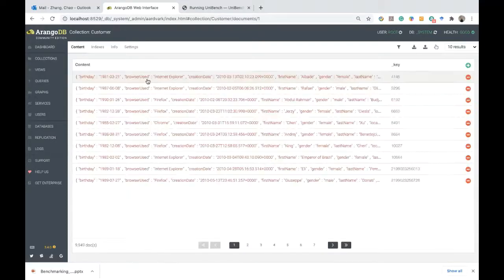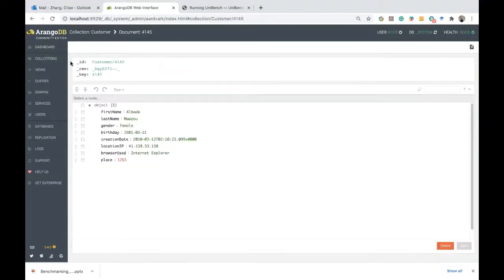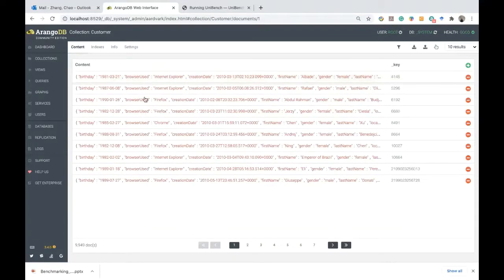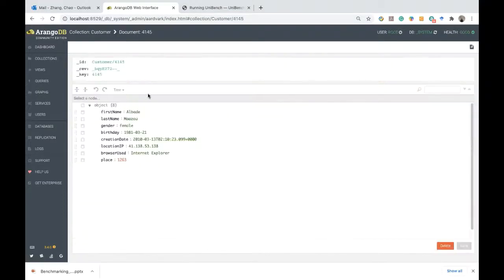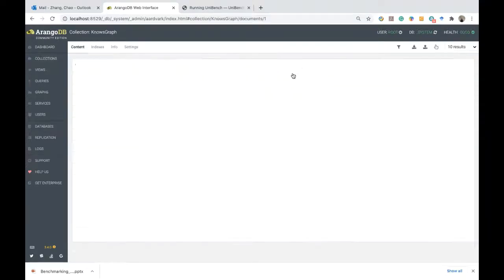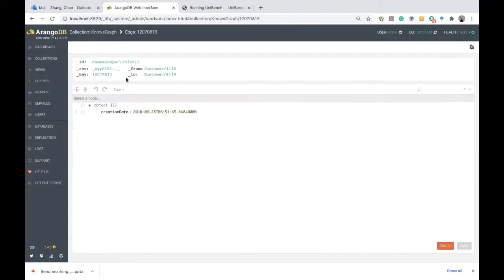So for the document collection, each document will be treated as a row, and each row is represented as a document with the ID, the revision key, and the primary key. And each edge collection represents an edge from a vertex to another vertex, and the edge can have attributes.